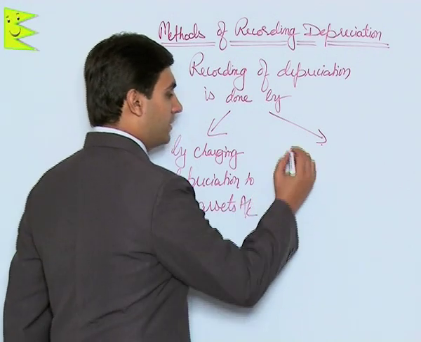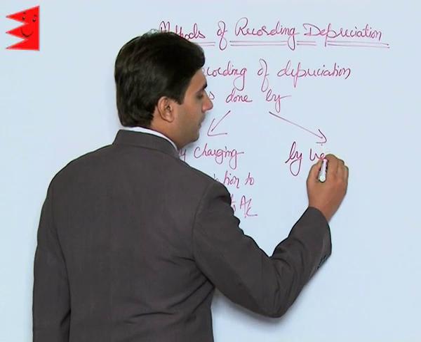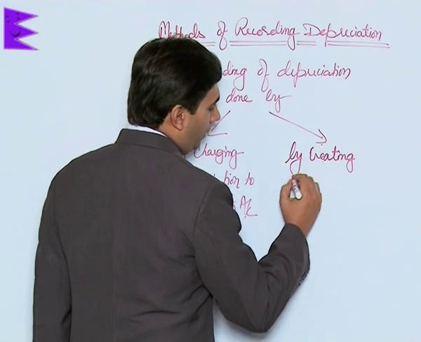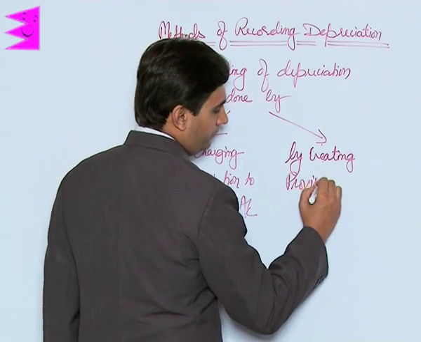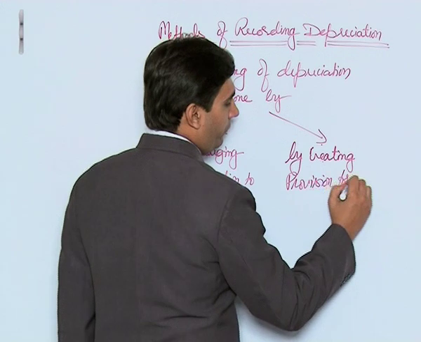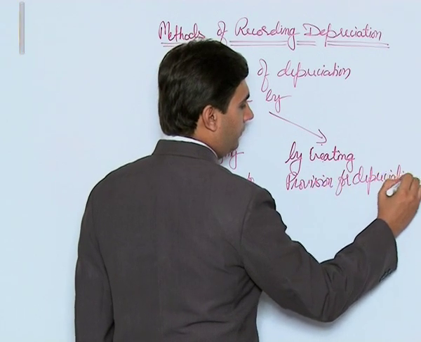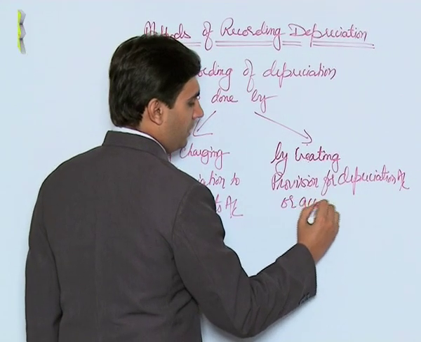And the second method is by creating a provision for depreciation account, or accumulated depreciation account.